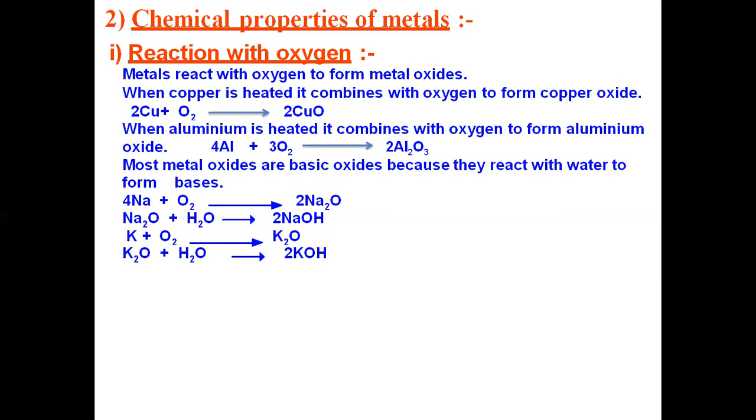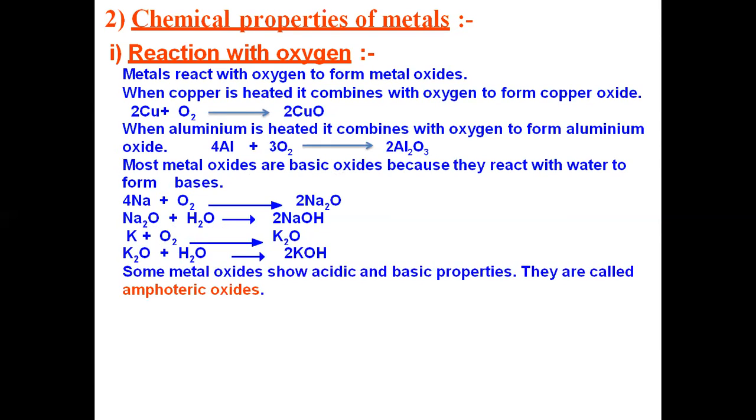The next point is that some of the metal oxides are also amphoteric. Amphoteric means the oxide which shows acidic property sometimes and basic property at other times.